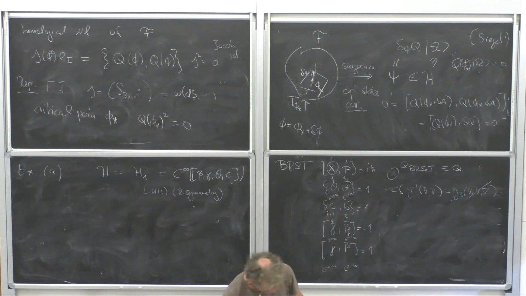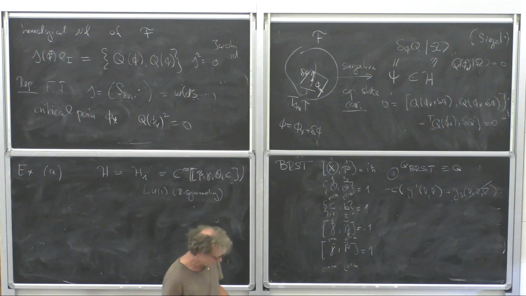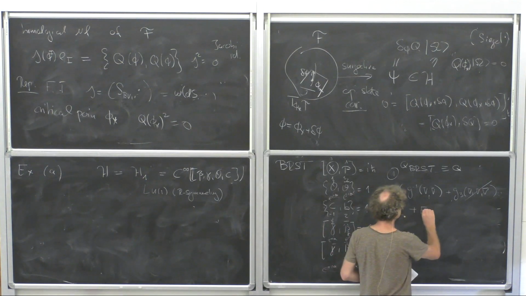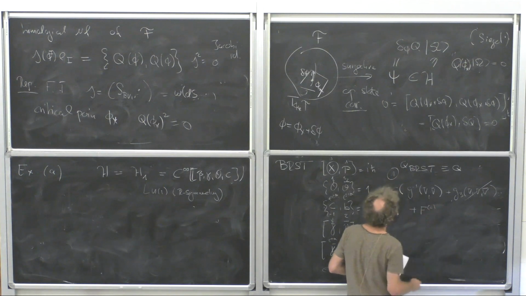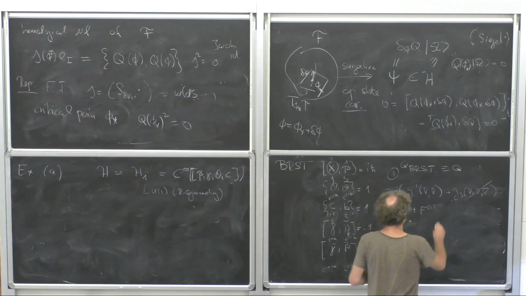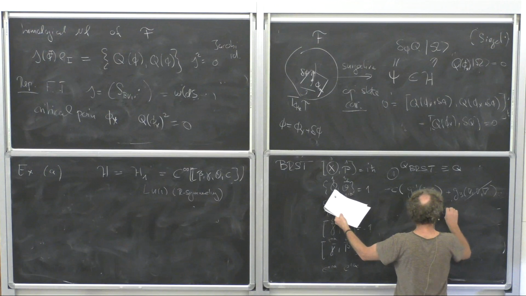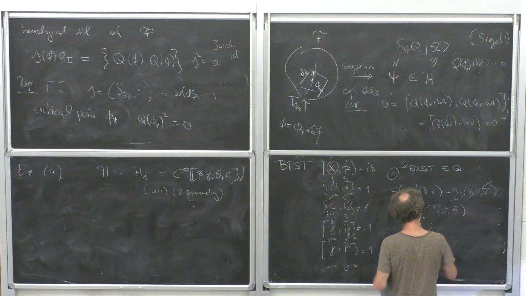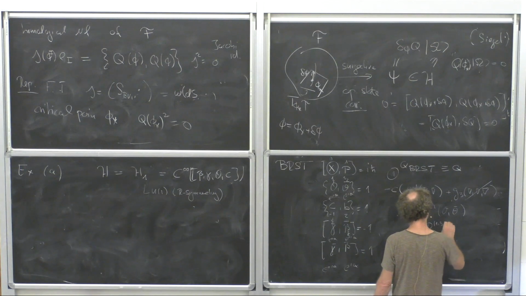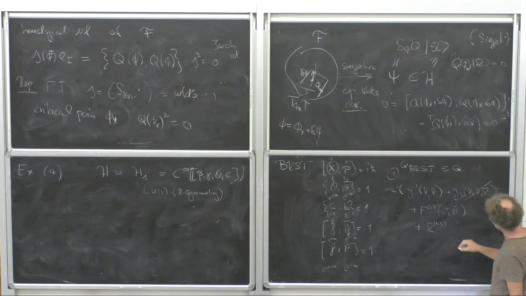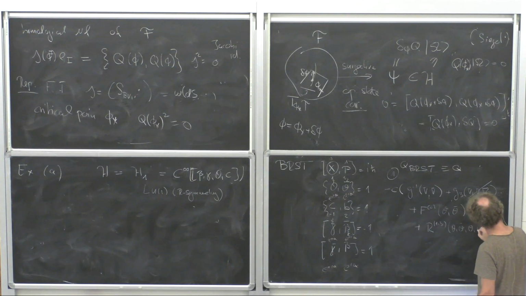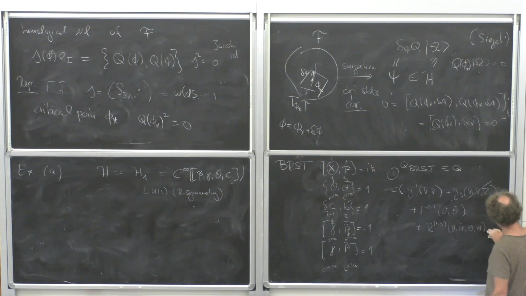Still, though, I can add extra terms. I can add something like an F2, a 2 form, and then contract it with these thetas. And I can add another tensor R13, which has the algebraic symmetries of a Riemann tensor, with theta, theta bar, theta, theta bar. I could add some auxiliary fields.